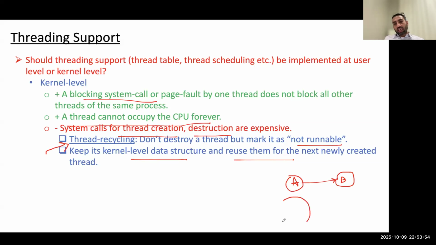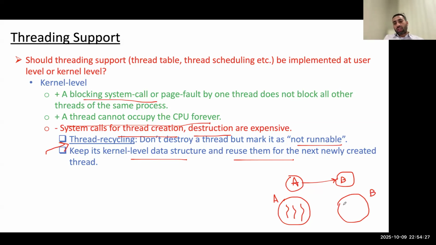Now let's say we again have process A, I'm now writing A outside, and it has three different threads running at the same time. And one of those threads executes the fork. So it means that we need to create another process B. Now remember, when we say fork, a new process is created with a distinct address space, but that address space is a duplicate of the parent.